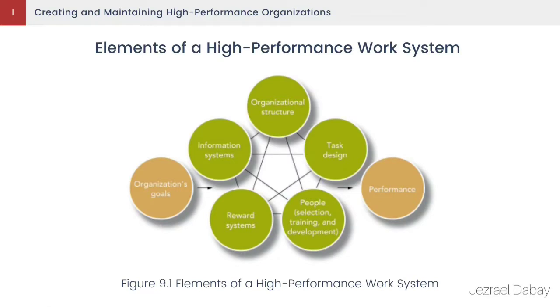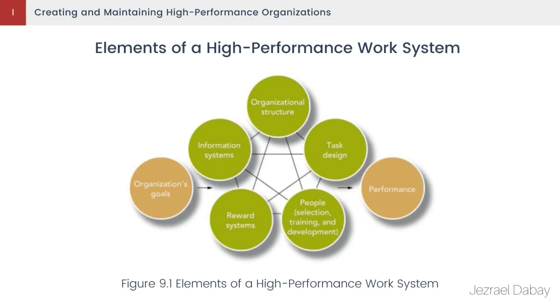The elements of a high-performance work system have five main components, namely organizational structure, task design, people, reward systems, and information systems, which go into the process of turning the organization's goals into performance.